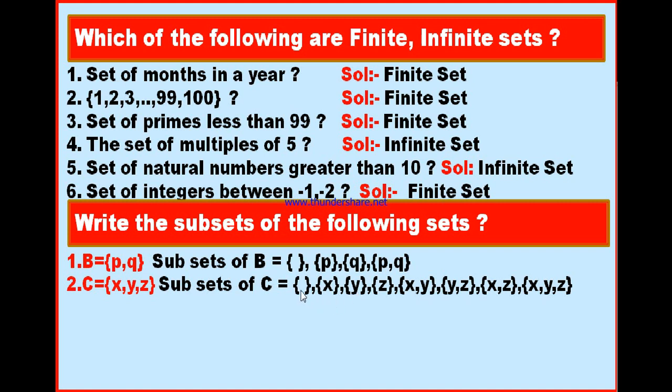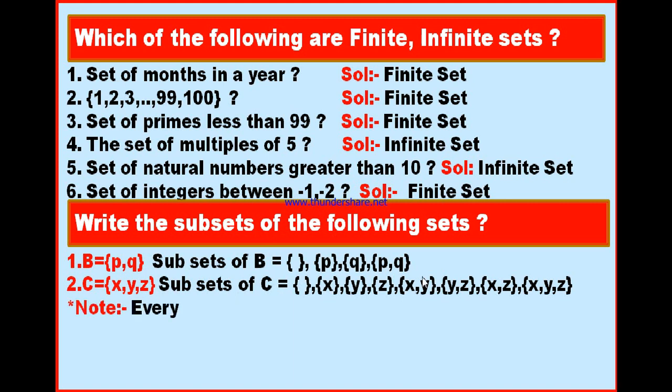Now, how many subsets? 1, 2, 3, 4, 5, 6, 7 and 8. If a set contains 3 elements, then the number of possible subsets is equal to 8. If a set contains 2 elements, then the number of possible subsets is equal to 4.